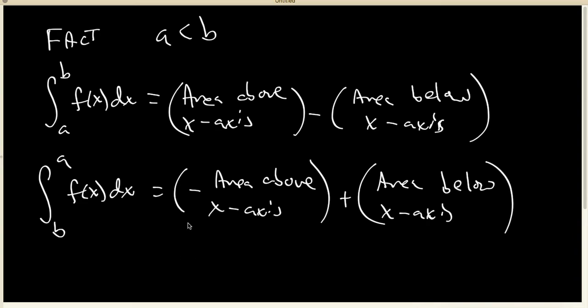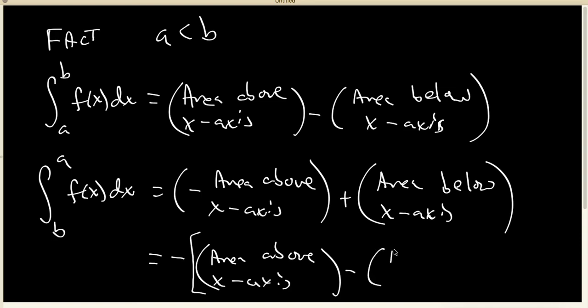And what I can do is factor out a minus 1 here. So I can say that this is minus the area above the x-axis, subtract off the area below the x-axis.